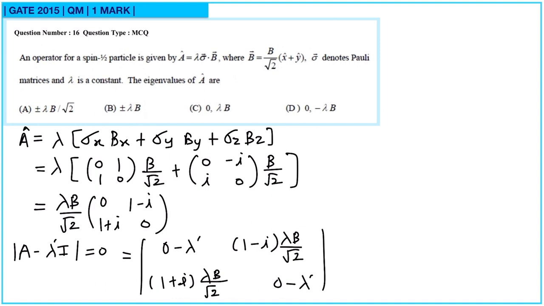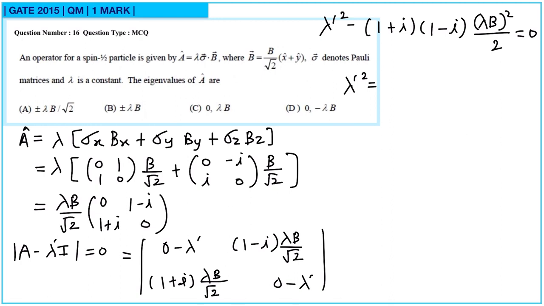So minus lambda dash into minus lambda dash, that is lambda dash square, is equal to 1 plus i, 1 minus i, lambda b square upon root 2 into root 2, which is 2. So lambda dash square is equal to 1 plus i, 1 minus i, that is 2, into lambda b square upon 2. So 2 and 2 will cancel out. So lambda dash will be plus minus lambda b. So here option B is correct.